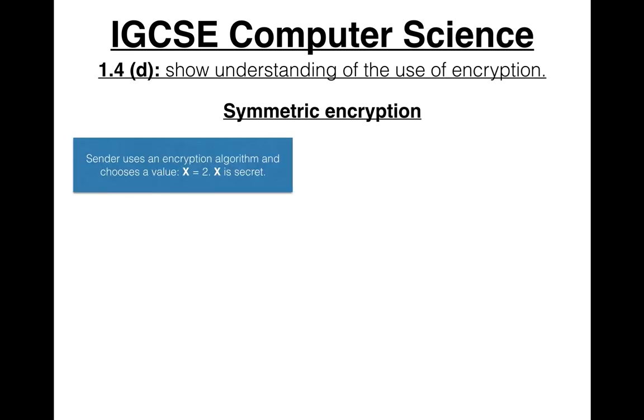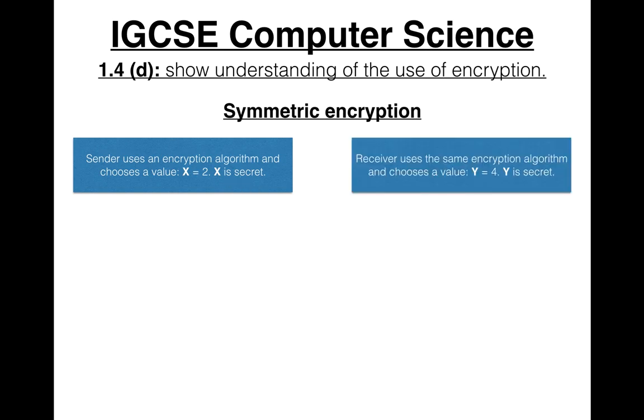The sender uses an encryption algorithm and chooses a value, x equals 2, and x is secret. The receiver uses the same encryption algorithm and chooses a value, y equals 4. Y is secret. So x is secret to the sender, y is secret to the receiver.